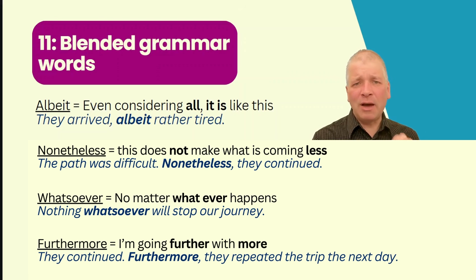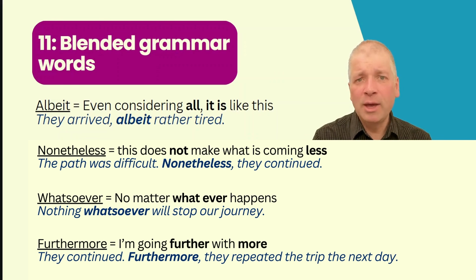And in English, we have lots of longer grammatical words, which are a combination of individual grammatical words. And good complex English involves using these words in a correct way. Here are some more examples. Nonetheless, which means this does not make what is coming less.